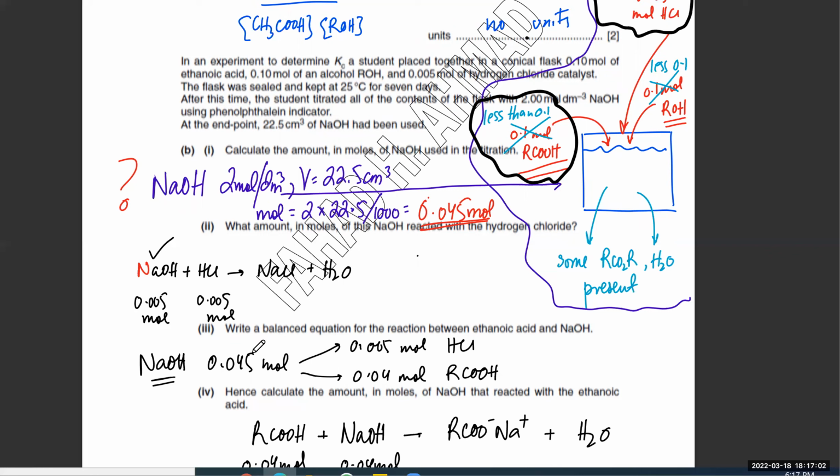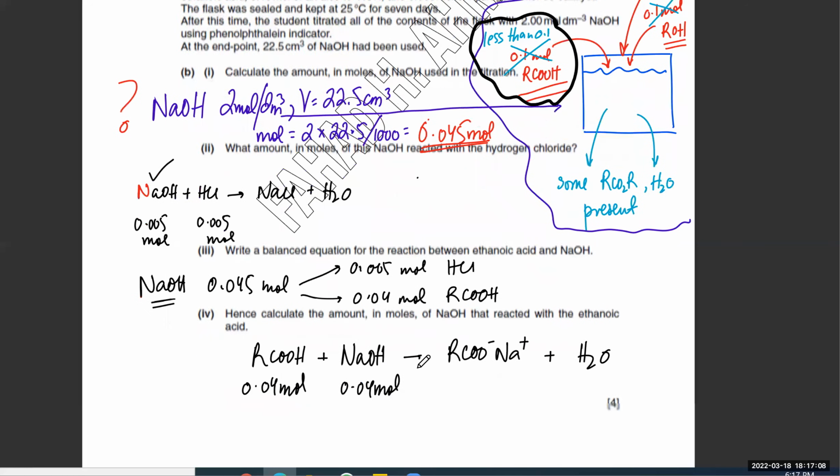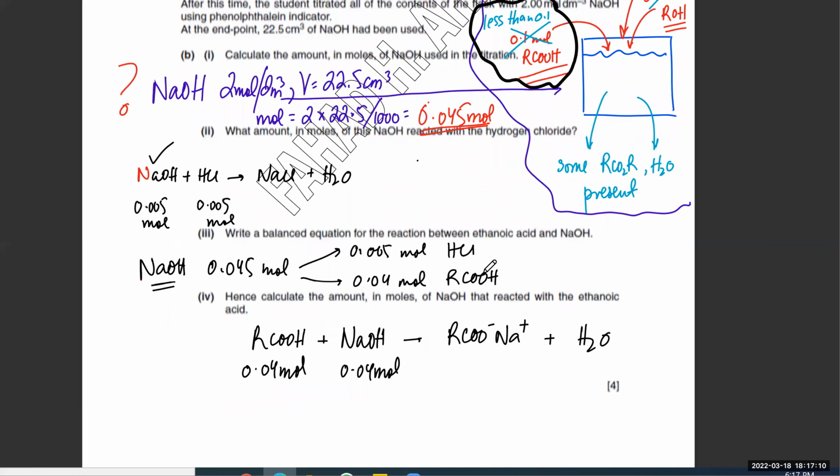So if you remove that 0.005 moles, you're left with 0.04 moles of NaOH. What is that reacting with? That is reacting with the carboxylic acid. Is that clear? ये part clear है? Yes. Is this clear? Yes. Okay.